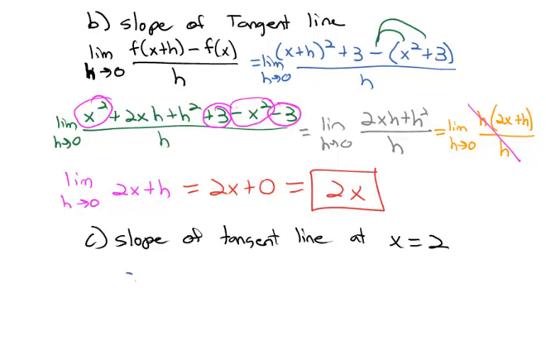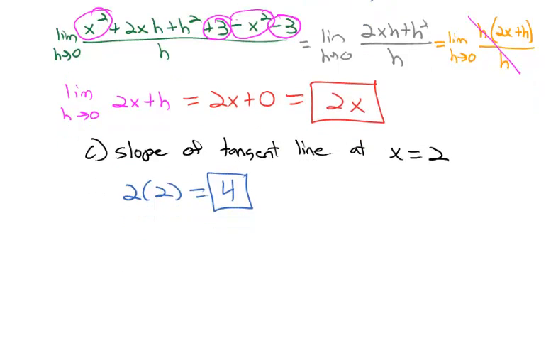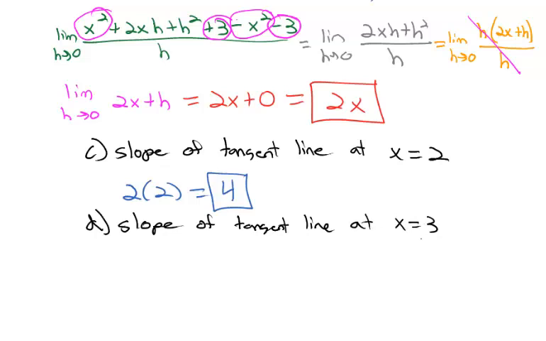So the slope is 2x, so 2 times 2 equals 4. 4 is the slope of the tangent line at x equals 2. We could find the slope of the tangent line at x equals 3, because we know the slope is 2x. So that's 2 times 3, or the slope here is 6.